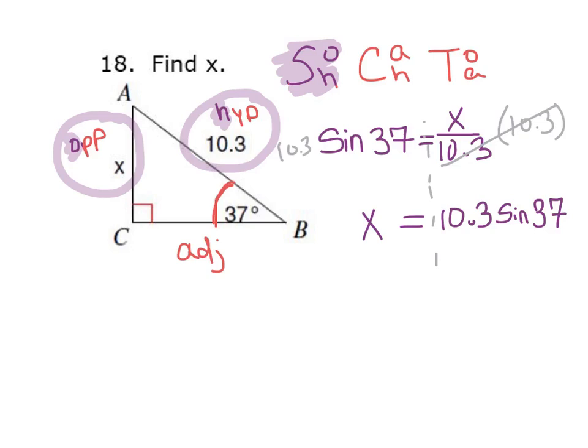And you should get x has a value of 6.199 if I round to the third decimal spot. And then just double check, yes, is this number less than our hypotenuse? And we can see, yes, 6.199 is less than 10.3.